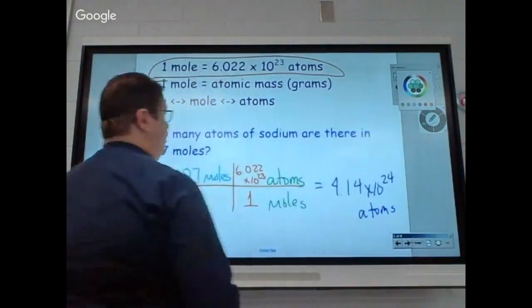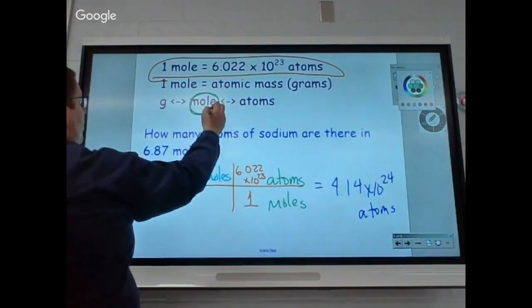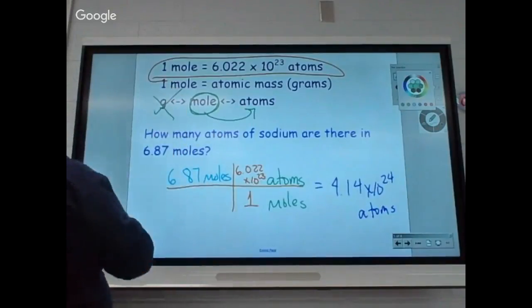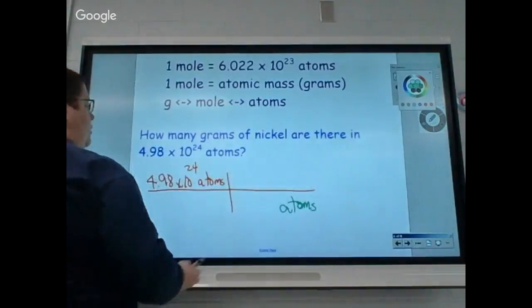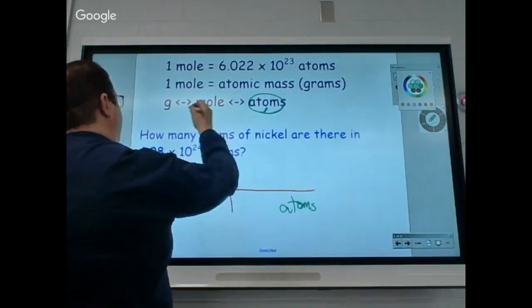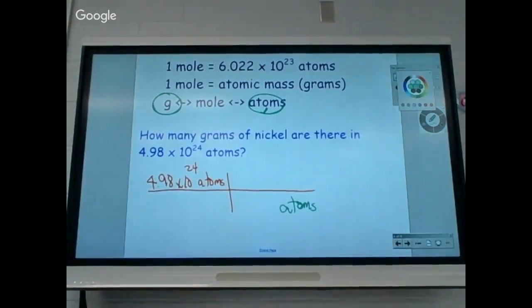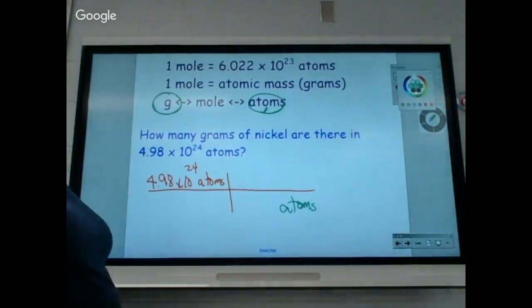In this question, we started here in moles, and we went to atoms, and we were done. We didn't need this at all. But in this question, we're starting here in atoms, and we need to get all the way down here to grams. Can we just jump from atoms to grams? We need to go through moles.